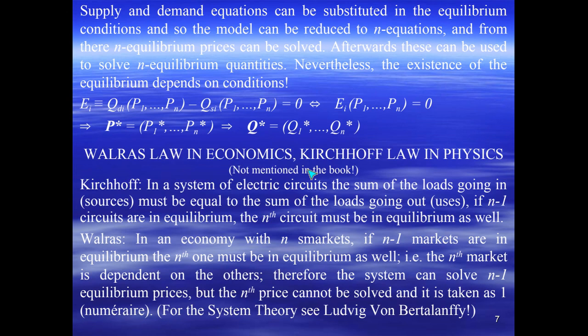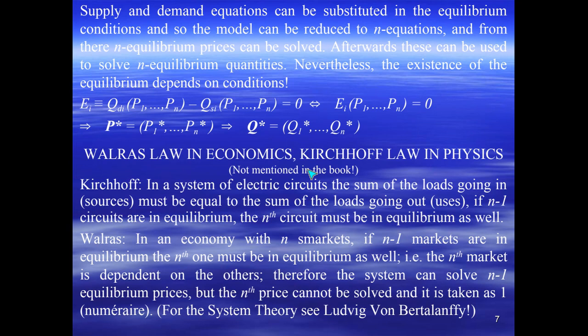In fact, if we have n-1 independent consistent equations and the nth equation is dependent on them, this system can solve only n-1 values of the variables. And the nth variable cannot be solved with the system of n-1 independent equations. The nth equation is necessarily dependent on the remaining n-1, be it an electric circuit or an economic system. Their logic is the same. You see? Wonderful, isn't it?